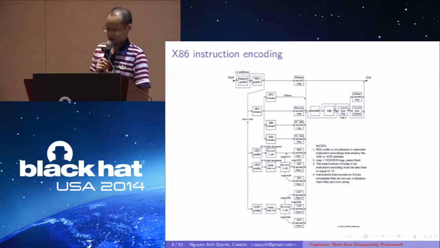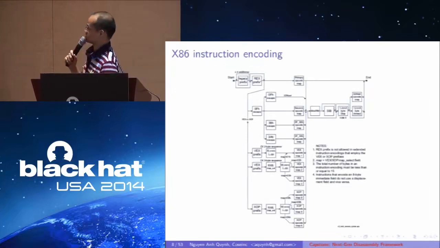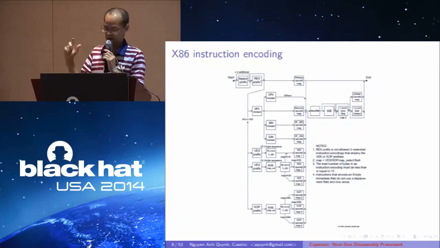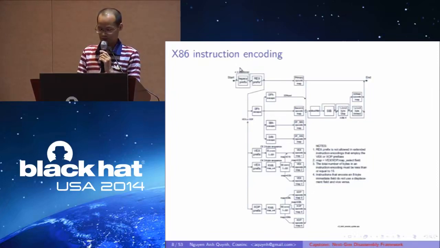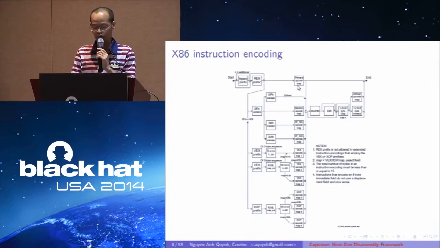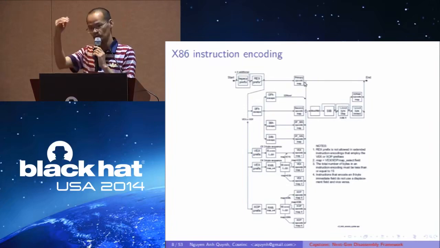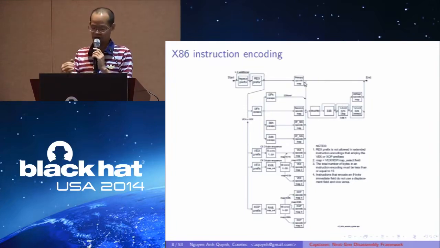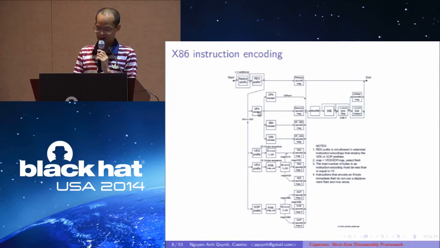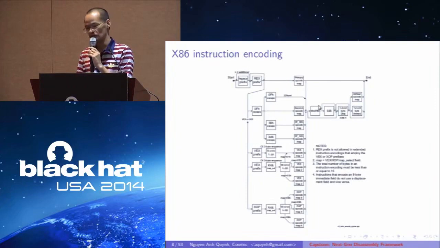So here is a quick slide for you to understand how to decode x86. First of all, you need to have one instruction encoding like this. Given one x86 instruction, you can see that the first 4 bytes are optional. And normally, you need to look at the primary opcode map to decode the instruction. If the first byte is 0F, the second byte is 0F, it might be a 3DNow instruction.